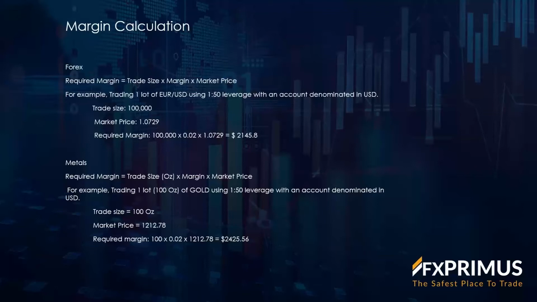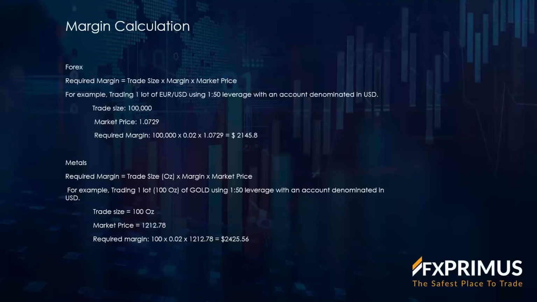When you talk about margin calculation here, I have discussed in the previous slide that we can find our margin on the basis of leverage as they are correlated. The formula here gives how to find a margin: you use the trade size and the market price multiplied together, and divide by the leverage. We've taken the example where the leverage is given as 50, so the margin comes out to be 0.02 with this leverage.